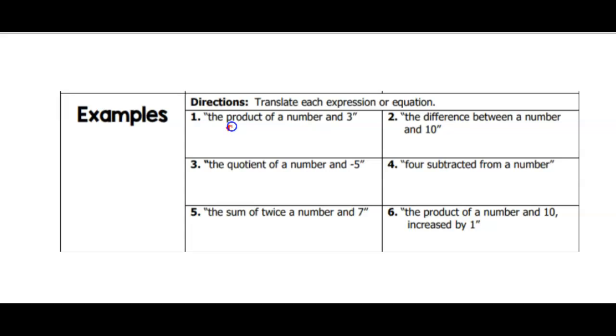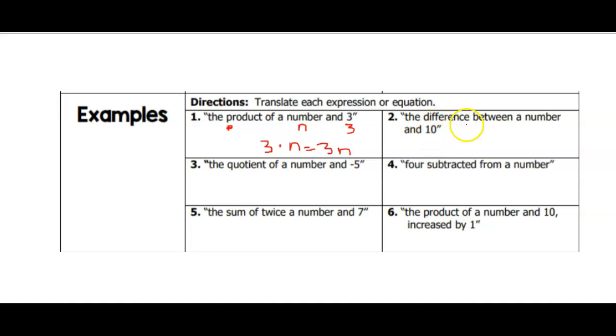We're going to call that number n because we don't know what it is. And then we have 3. So that means I'm taking 3 times n, or it's going to be 3n. I created an expression. Do you guys see how I translated what they said?